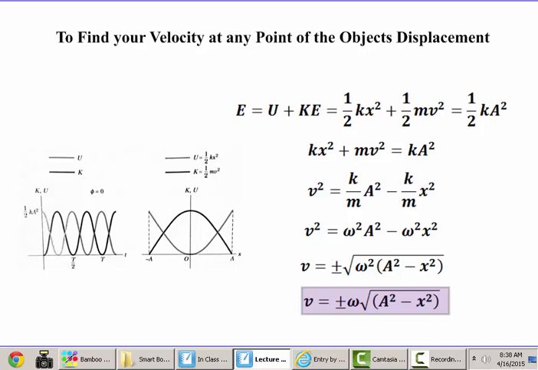Okay. Now, if you want to find the velocity at any point and you don't want to go back and use the time equation, I've derived this, but you can say the velocity at any point is going to be plus or minus omega times the square root of my amplitude squared minus my x squared, where x is the distance from the equilibrium point.